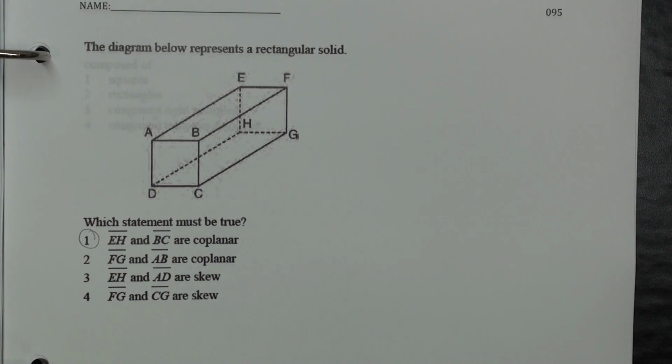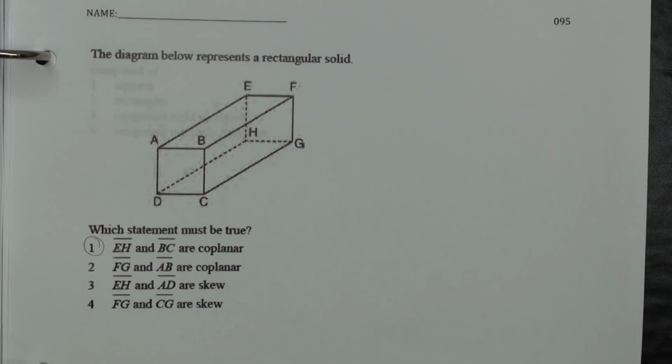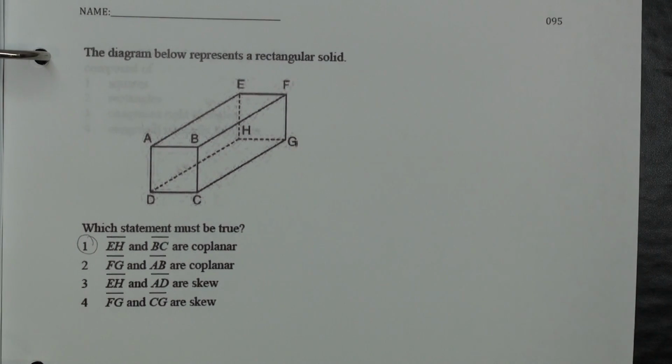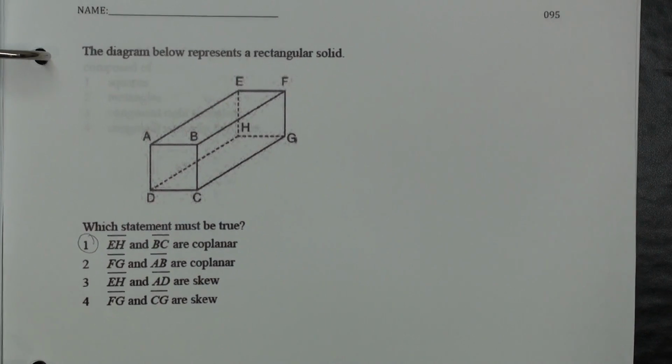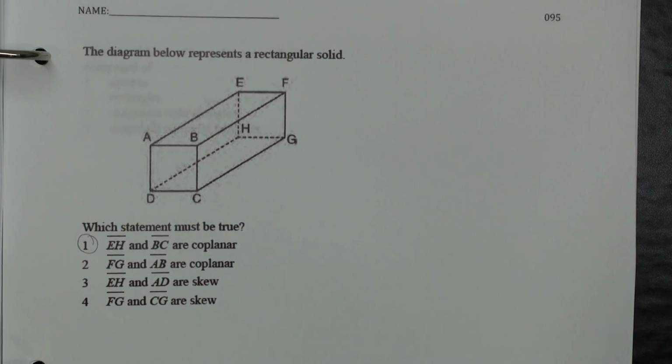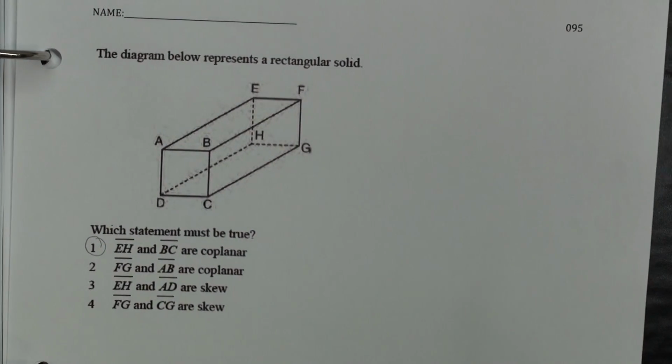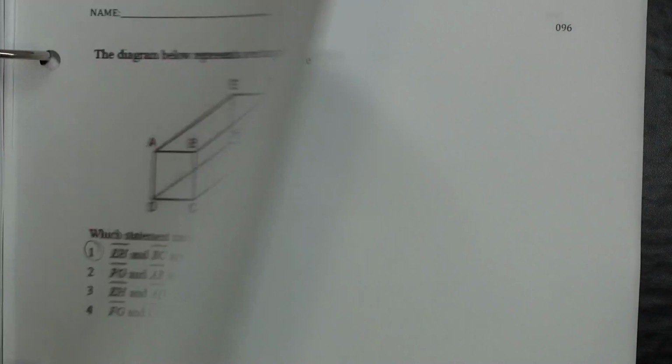And FG and CG are skew. That's not true either. They're perpendicular. And EH and AD are parallel, so they would be coplanar too, but it doesn't say coplanar.